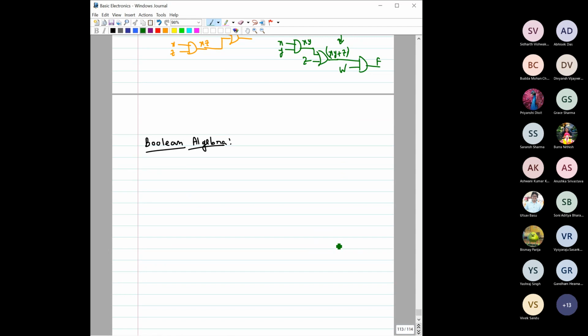So for Boolean algebra, I think a couple of postulates we should learn first. So first one is x plus 0. So x is basically a binary variable.